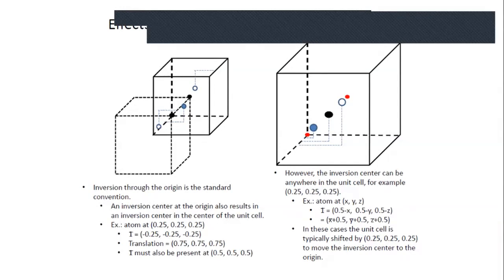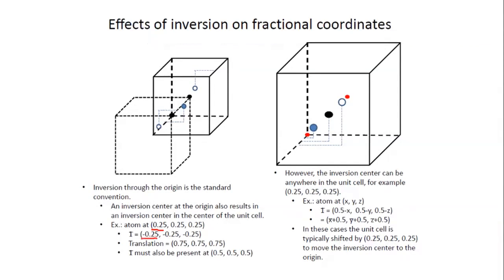Whereas here on the left-hand side, 0.25 plus a negative 0.25, that's 0. So that tells us the origin is at 0, and it can also be, if you do 0.25 plus negative 0.25, or minus 0.25, it becomes 0.5.